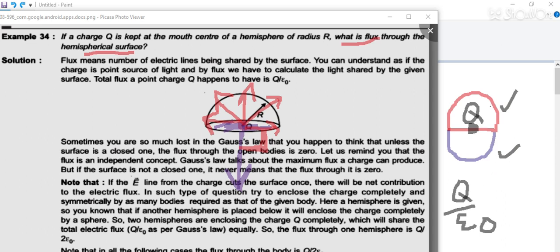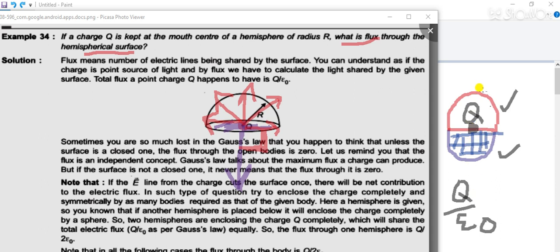If we eliminate this downward part, then you can say the electric flux will remain half. So when we divide the value into two, 1 by 2 will be linked with this upward, 1 by 2 will be linked with downward.